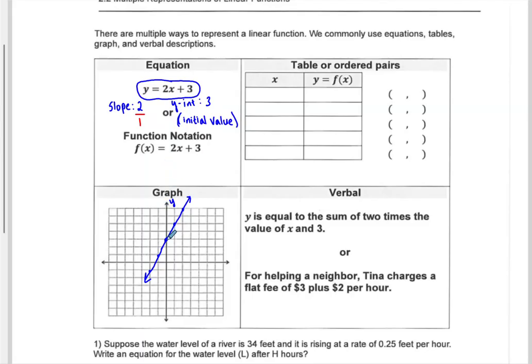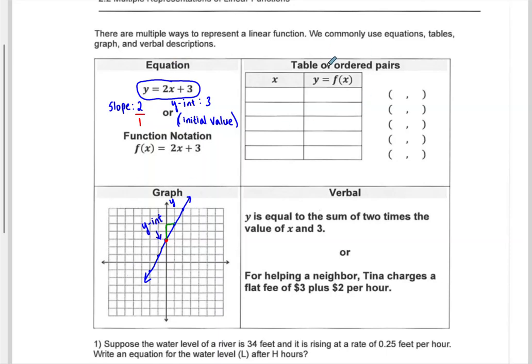And then this is the graph right here. This is the y-intercept of 3. So we'll call this the y-intercept. Let me visually show you what that is right here. And then you have your slope of 2 over 1, which is this one right here. All right, so you have your equation and graph.